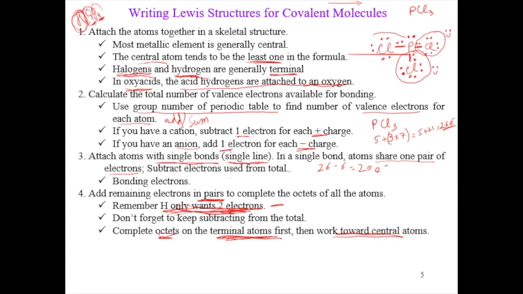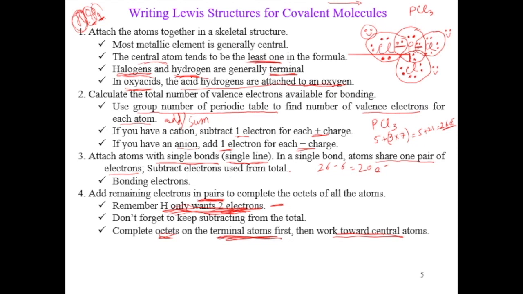This chlorine has 8 electrons as well, so this is also happy, right? How about phosphorus? Now phosphorus has all these electrons. Each bond, remember, these single bonds are shared between 2 atoms.